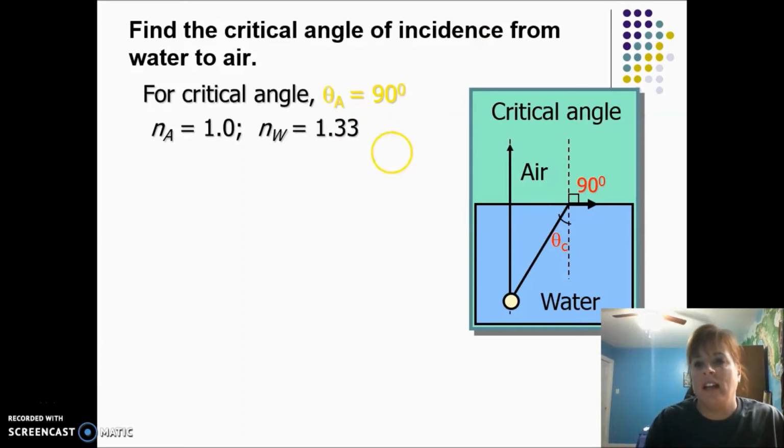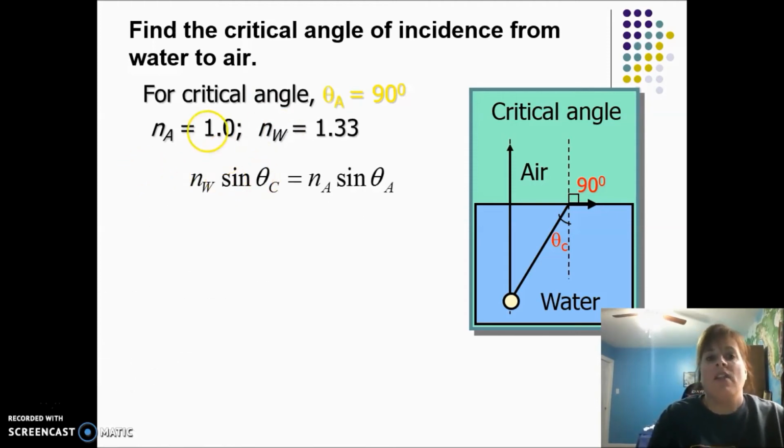For our critical angle of incidence, our angle of refraction has to be 90 degrees. And this only happens when the refractive index outside is less than the refractive index of where you're viewing or where that light source is coming from. Now, if we set up Snell's law, we would have the refractive index of water times the sine of that critical angle, the angle at which all of it just stops refracting, equal to the refractive index of air times the sine of theta of air.